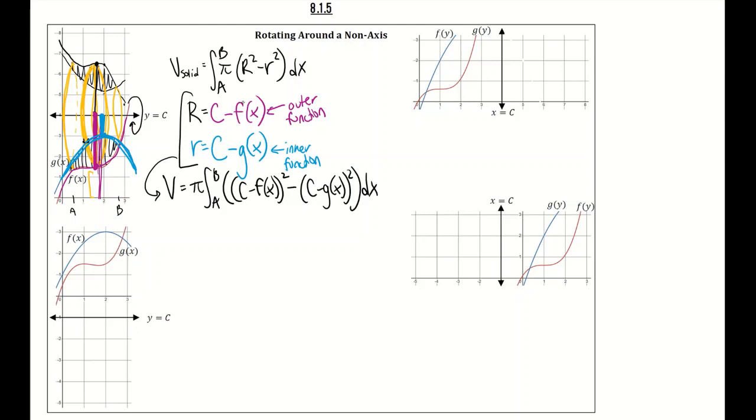So likewise, if I have y equals c, let's say c is below my two functions. When I rotate this around y equals c, I need to create some symmetry here. So this is about 1.5 units away. That's 2 units away. That's 1, 2, 3, 4 units away.